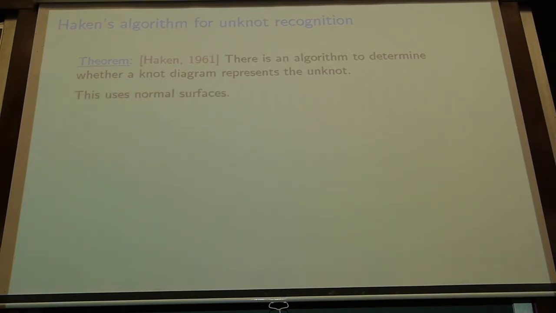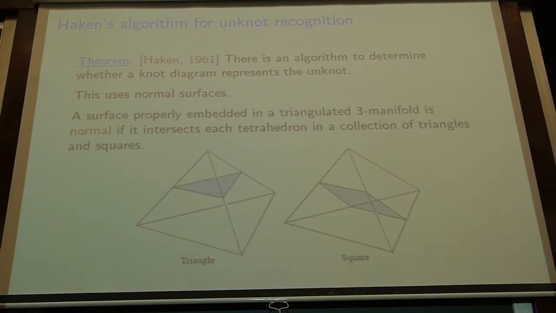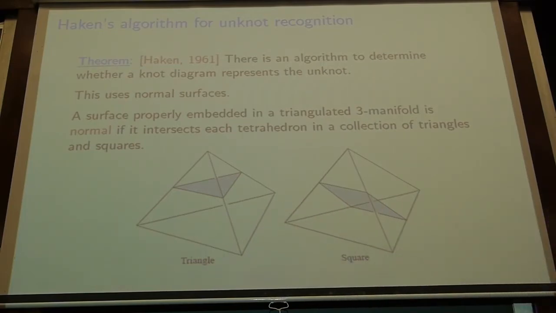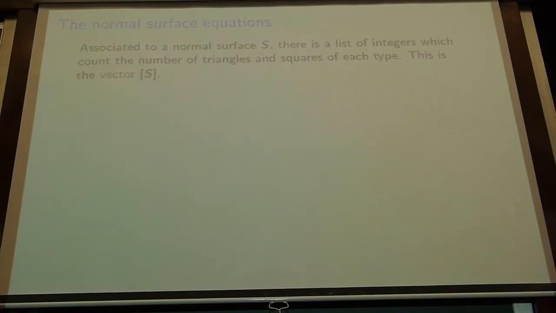So he used normal surface theory. Normal surfaces, as I'm sure you all know, are these guys here. You fix a triangulation of a 3-manifold, and a properly embedded surface is normal if it intersects each tetrahedron in a collection of triangles and squares. And so he associated to each normal surface a list of non-negative integers, which simply count the number of triangles and squares of each type.